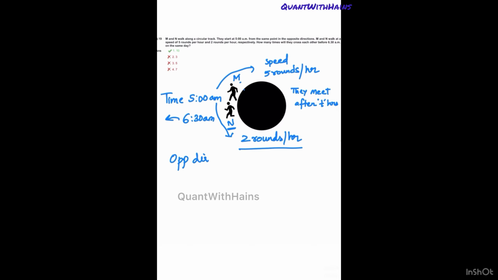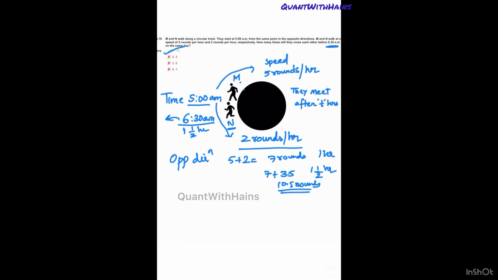If we solve this question with the relative speed concept, we'll get 5 plus 2, 7 rounds per hour. But the time is given as 5 am to 6:30 am, that is 1.5 hours. In 1.5 hours they'll travel 7 plus 3.5, 10.5 rounds. This would be our answer. That is option A, 10 rounds.